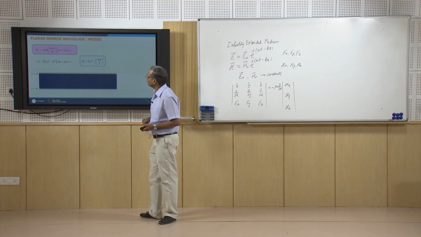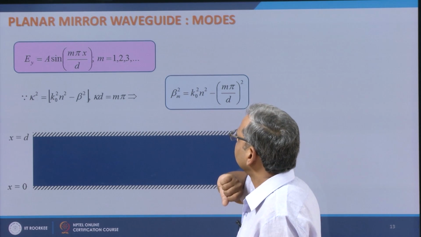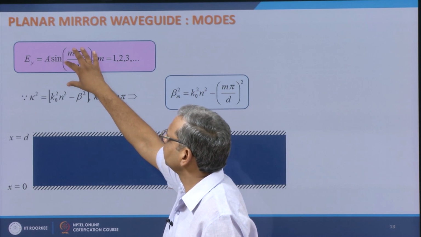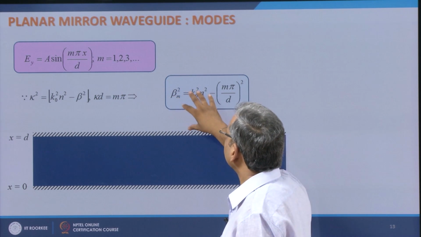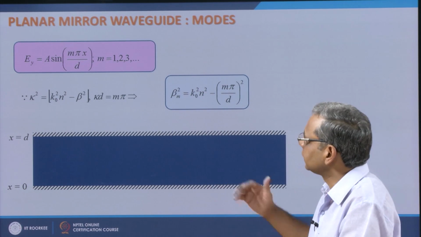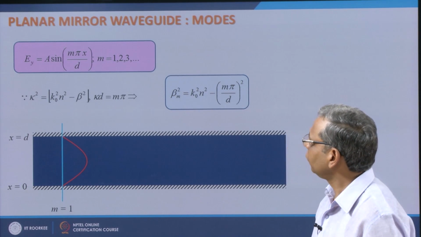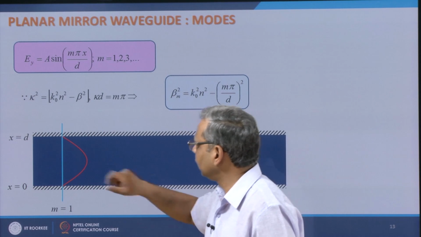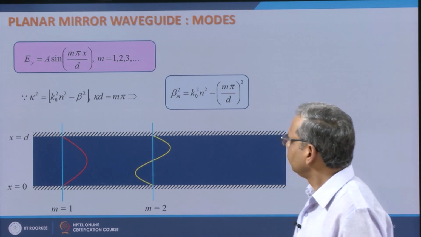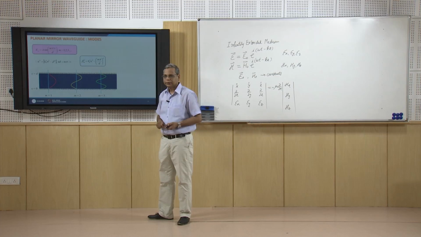So, I have got for a planar mirror waveguide only certain functions which have certain propagation constants, okay, they will be sustained. If I plot them, then for m is equal to 1 it will look like this, for m is equal to 2 it would look like this, m is equal to 3 like this.